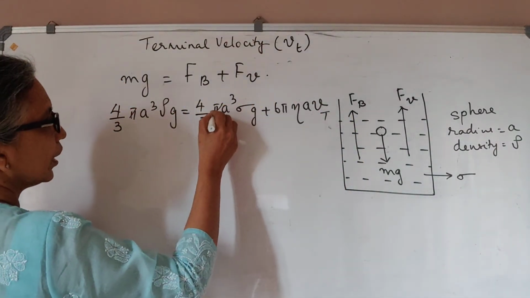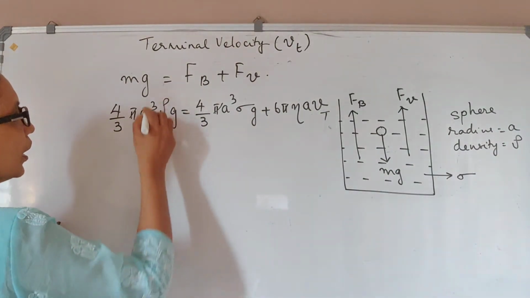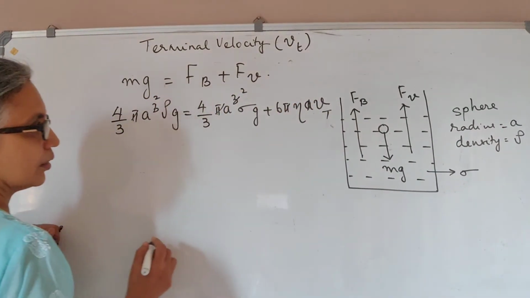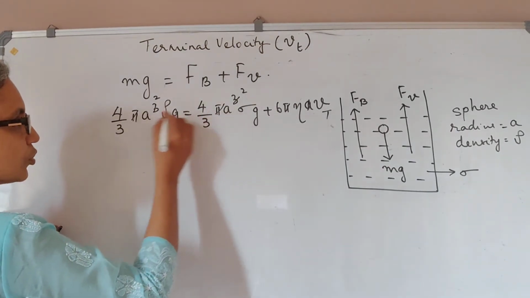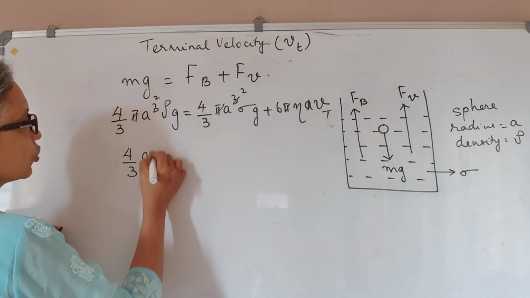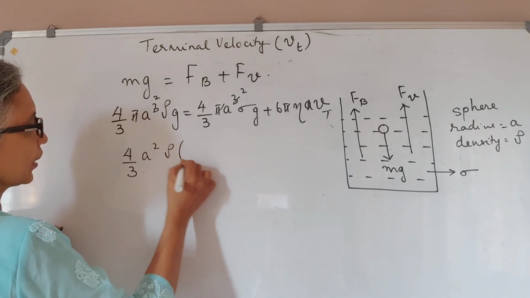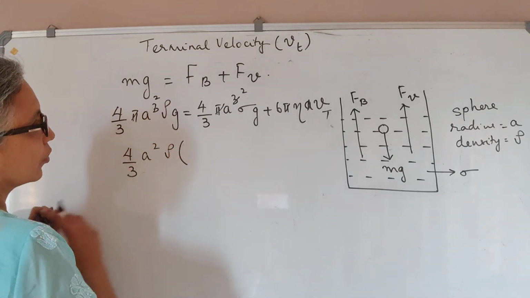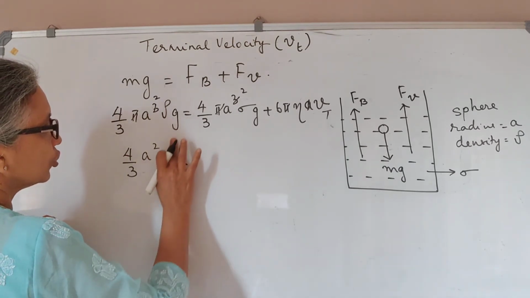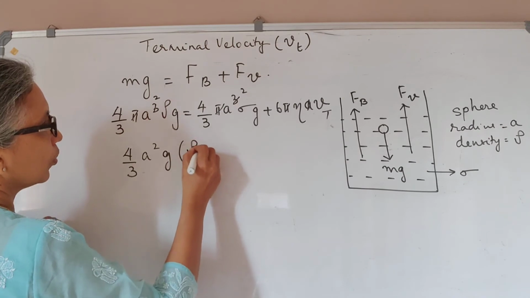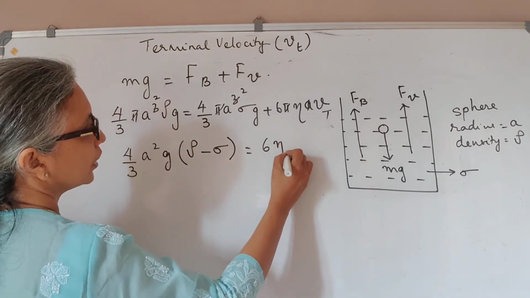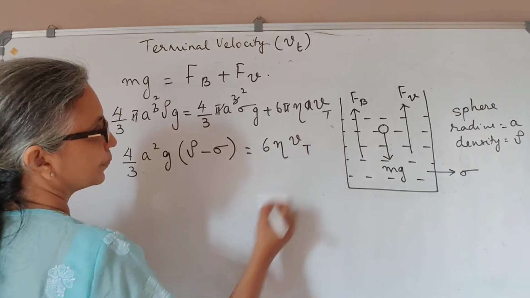Pi being common, I'll cancel everywhere. A, this will become square, this is square, and I cancel this here. So I'm going to bring this to the left hand side. So we have 4 by 3 a square g into rho minus sigma must be equal to 6 eta Vt.